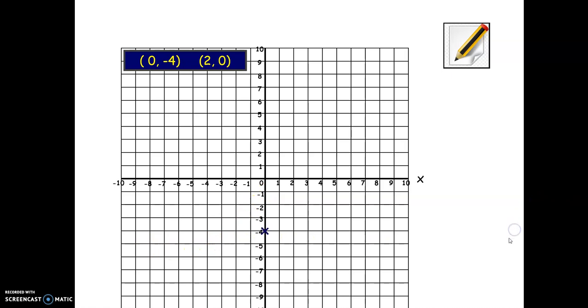So that would be on the y-axis. 2, 0, so start at the origin, go along to +2, and then we're not going up or down at all, so there's our second coordinate point. With a ruler, we draw a line through those points, and we label it with the equation of the line, which is y equals 2x minus 4.